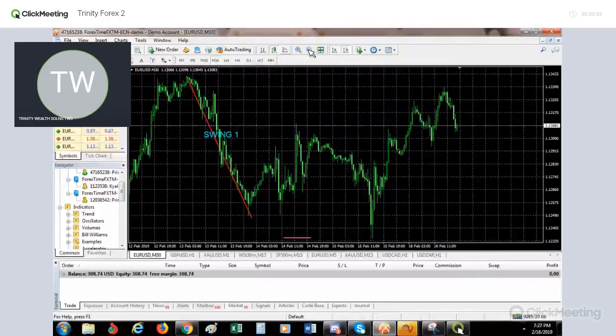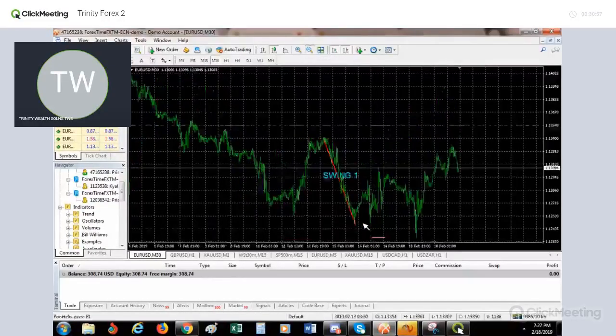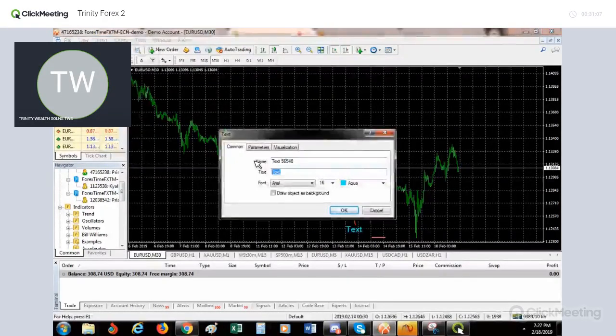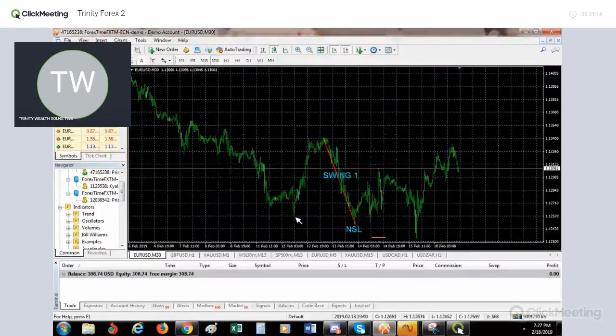Then the market retraces. So this was our high. Actually, the market was downtrending. So here it formed a new structure low, right? Because it was downtrending, new structure low, okay?